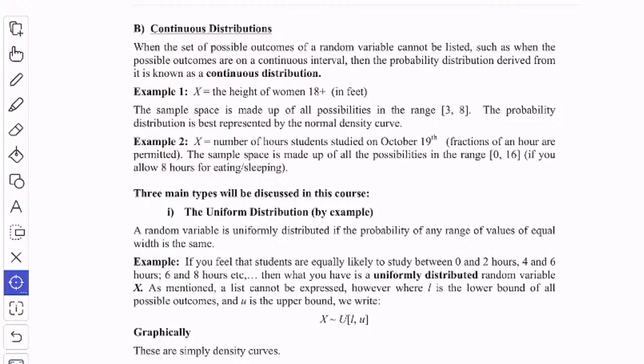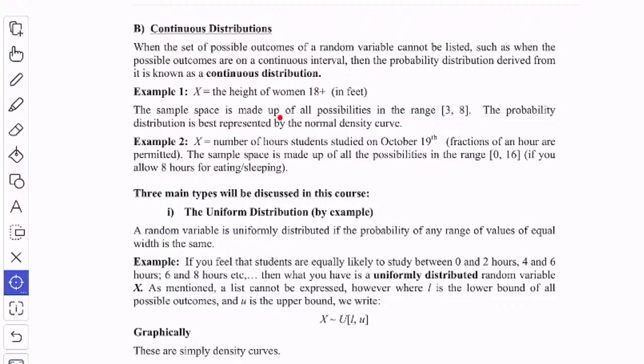I just wrote some examples here that I'm going to talk about. The one that I used a lot in Unit 2, the normal distribution, was the height of women, right? Height of women 18 and over, in feet.